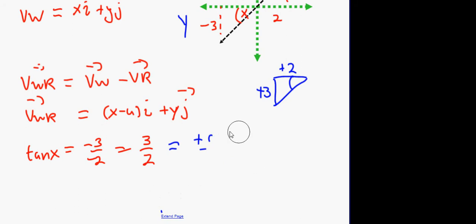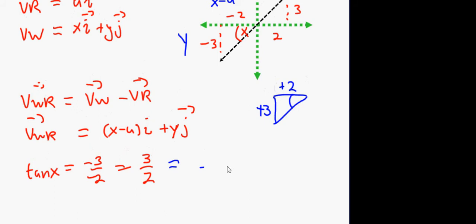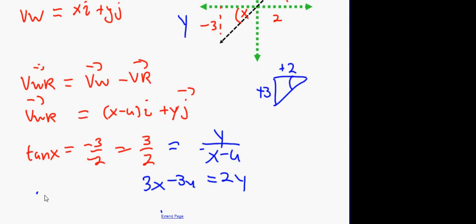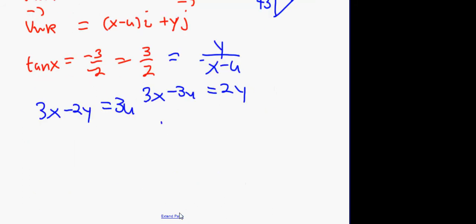The 3 is the y, and the 2 is the x minus u. Then you cross multiply and you get 3x minus 3u equals 2y. And then 3x minus 2y equals 3u. Is that right? Now, that's one equation.